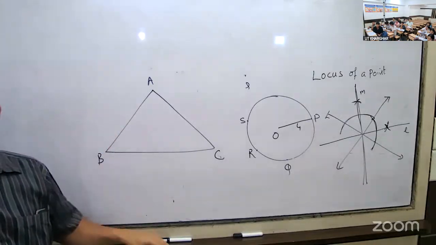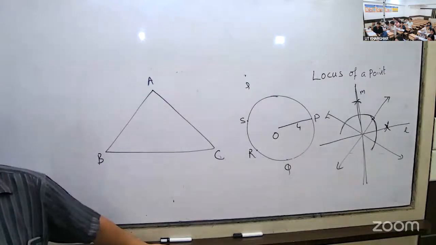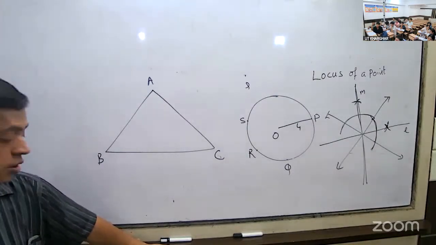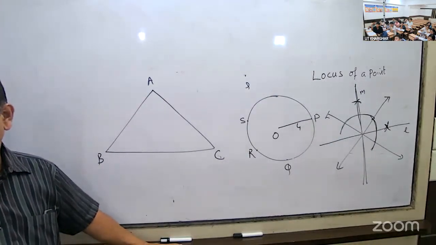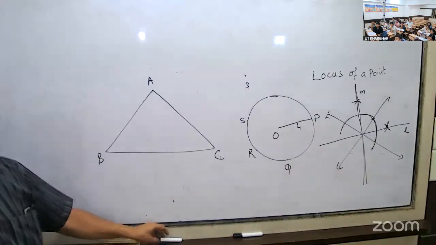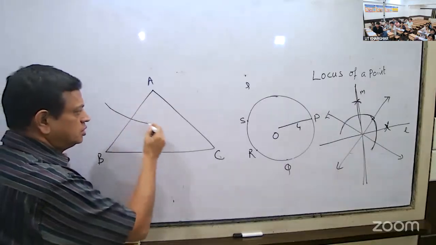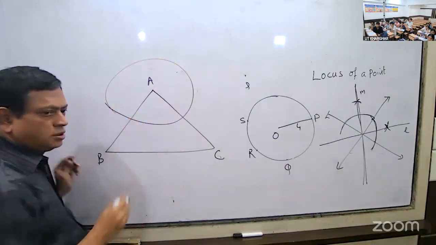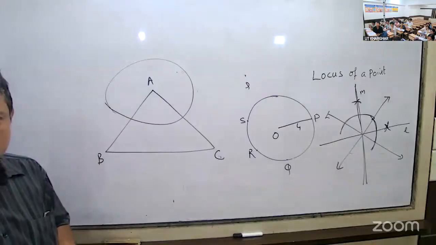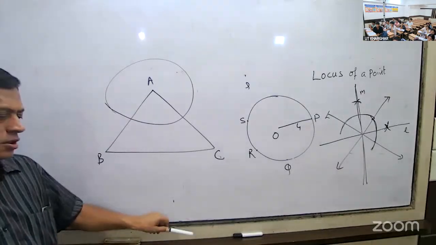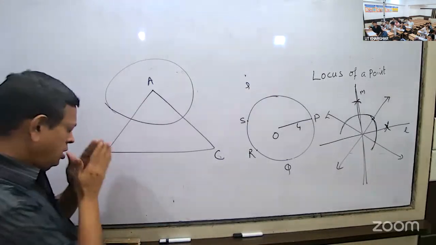There is no wrong answer. You draw a circle with A as center and radius equal to 3 cm.